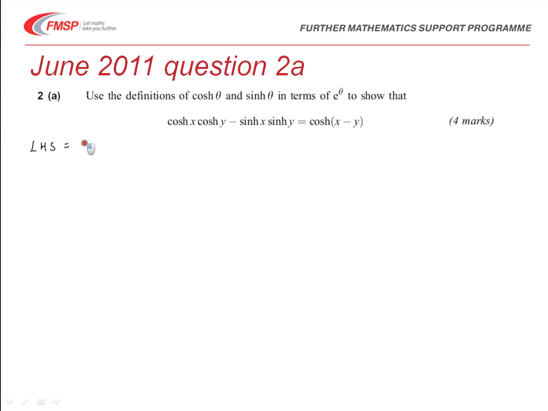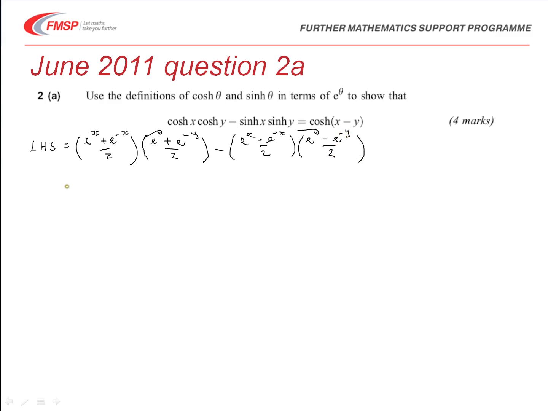well, our definition of cosh is e to the x plus e to the minus x over 2, and that's multiplied by e to the y plus e to the minus y over 2, and then from that we have to subtract the sinh, which is e to the x minus e to the minus x over 2, and that's multiplied by e to the y minus e to the minus y over 2.